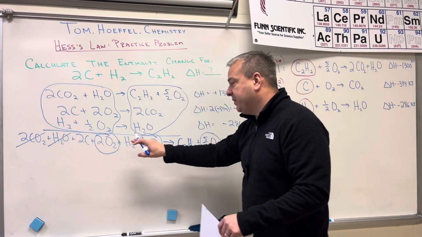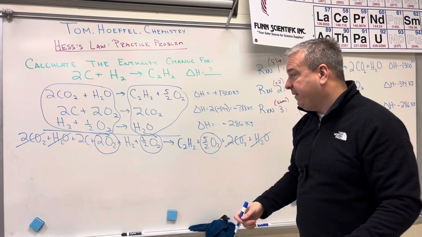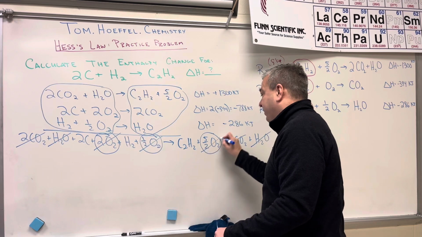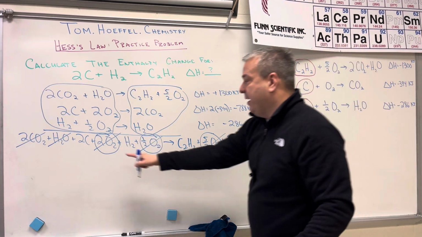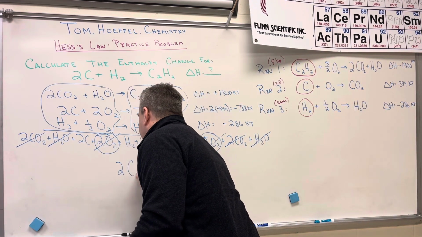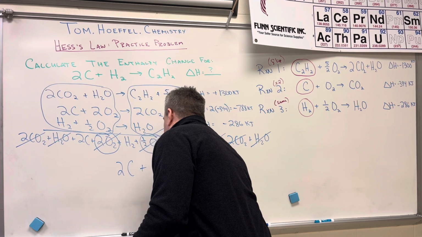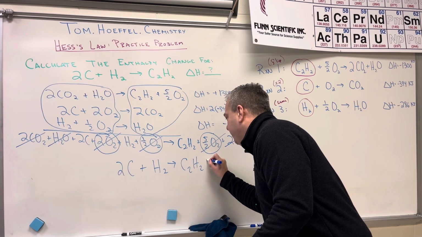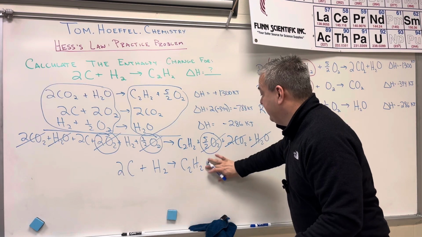So 4 halves plus 1/2 would be 5 halves. So those are going to cancel out with the 5 halves over here, and we're left with 2C plus H2 yields C2H2, and that's it, okay?